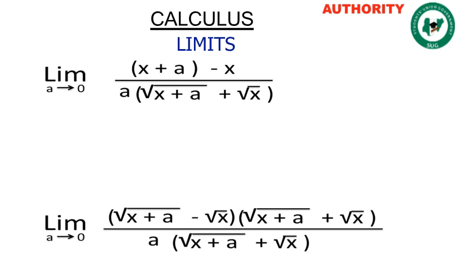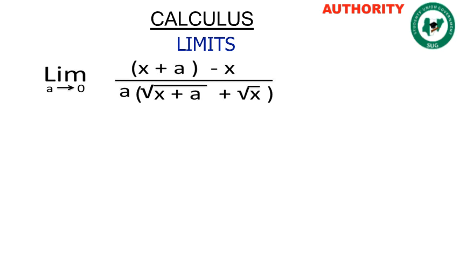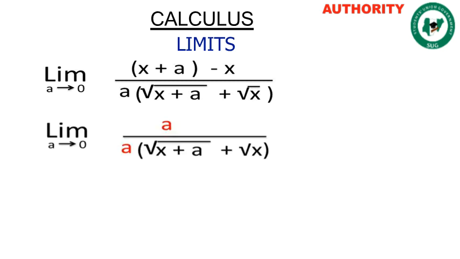Now let's open the bracket in the numerator. If you open the bracket, we have x minus x, which gives you 0, remaining a. So we have the limit as a approaches 0 of a all over a, open bracket, square root of x plus a plus square root of x.